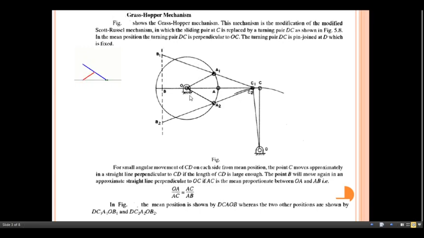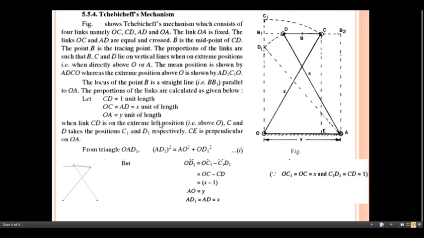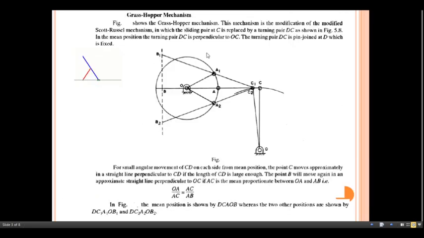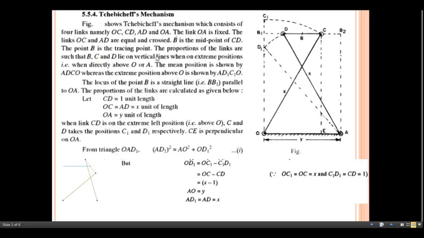At the same time, you can get the displacement of the whole mechanism in the downward direction when we consider the points D, C2, O, A2 and B2. Now for the displaced position, if you observe the motion or path followed by this B point, here we get the approximate straight line.